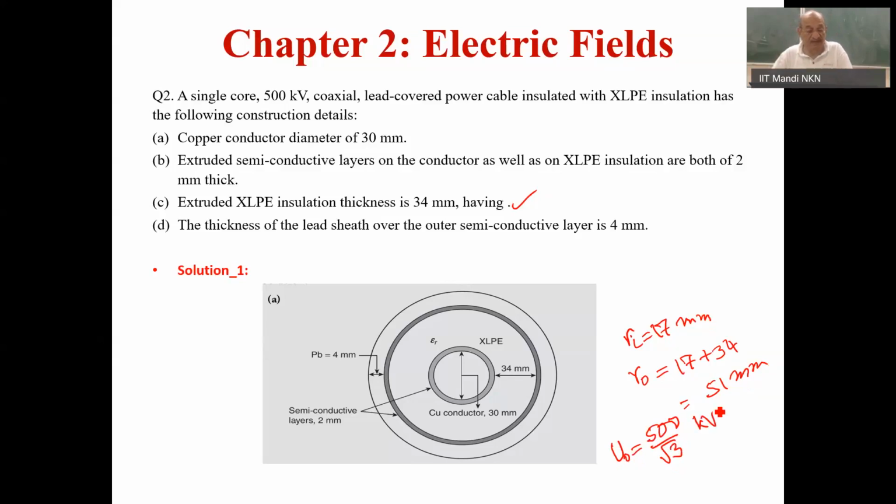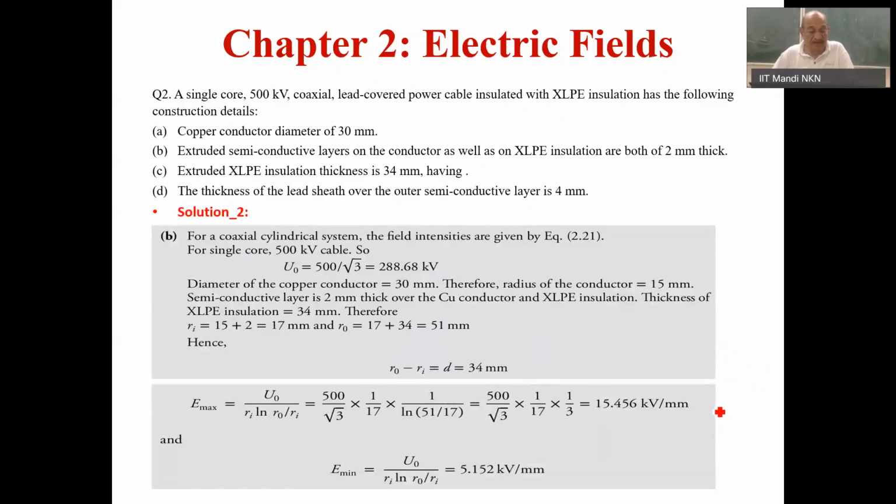So these are the three things you must calculate properly. Yeah, here are the calculations. U naught, 500 divided by root 3, gives you 288.68, and RO and RI, as I have explained, work out to be 51 and 17 millimeter.